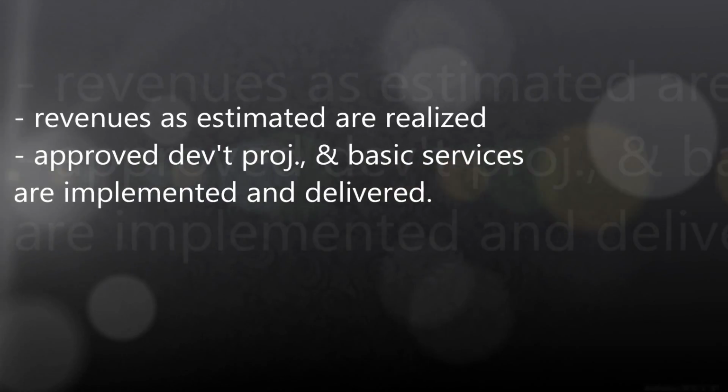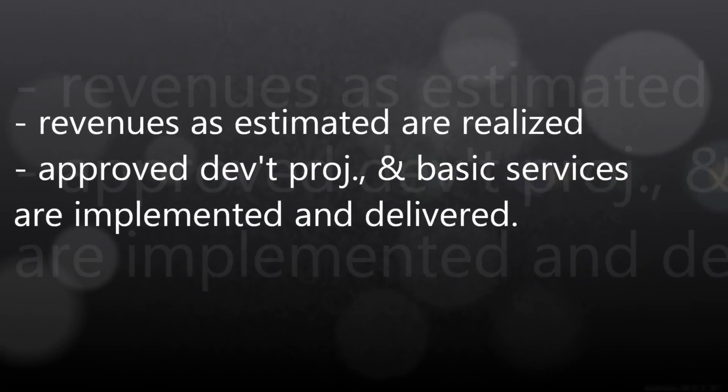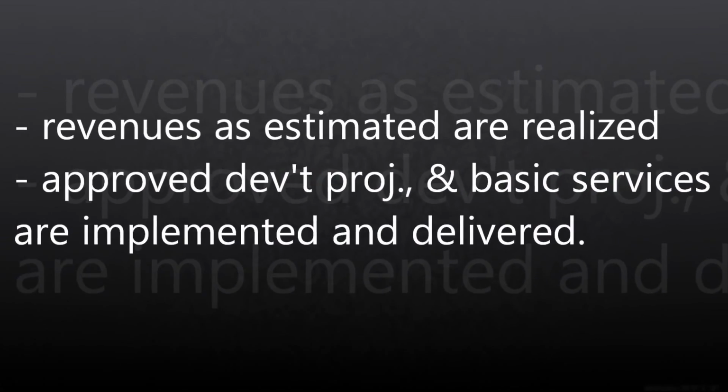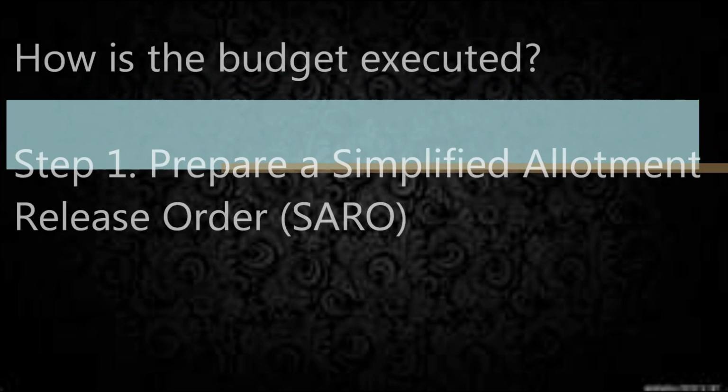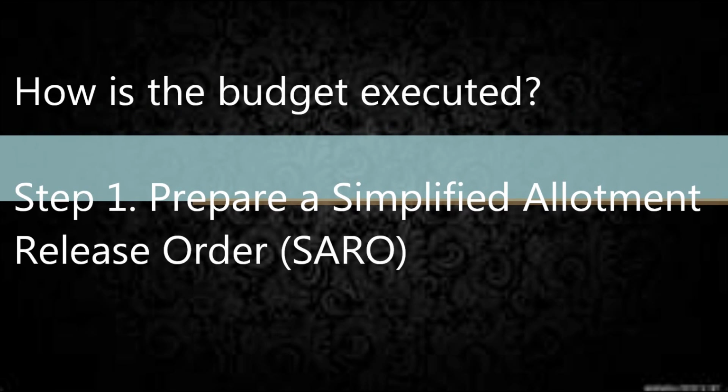Budget execution. The punong barangay is responsible for the execution of barangay budget. He shall ensure the following: that the revenues as estimated are realized, that the approved development projects and basic services are implemented and delivered. How is the budget executed? Step 1.